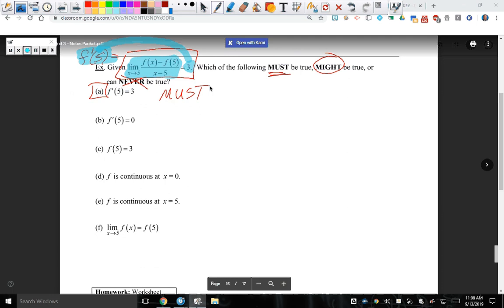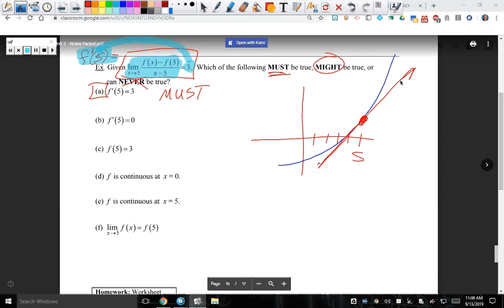The steepness of the graph at 5, whatever the graph looks like, 1, 2, 3, 4, 5, let's say that the graph looks like this. We're saying that at 5 the steepness is 3. Up 3 over 1, up 3 over 1, up 3 over 1. Okay?